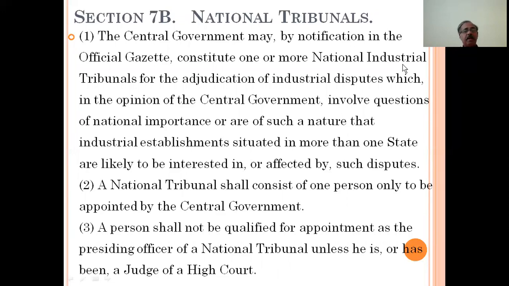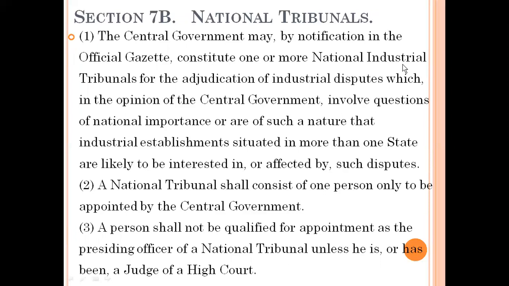Then section 7B, national tribunals. The central government may, by notification of the official gazette, constitute one or more national industrial tribunals for the adjudication of industrial disputes which, in the opinion of the central government, involve questions of national importance or are of such nature that industrial establishments situated in more than one state are likely to be interested in or affected by such disputes.